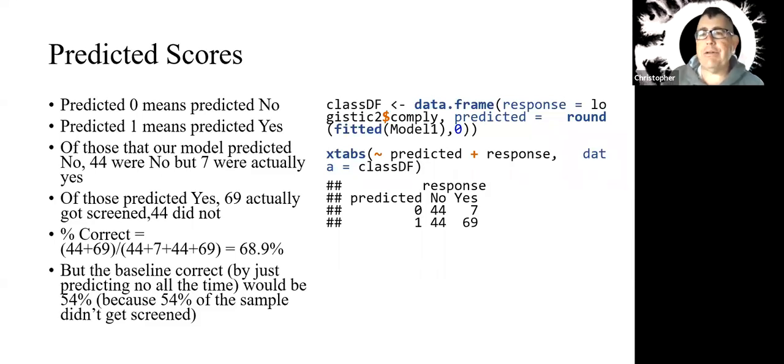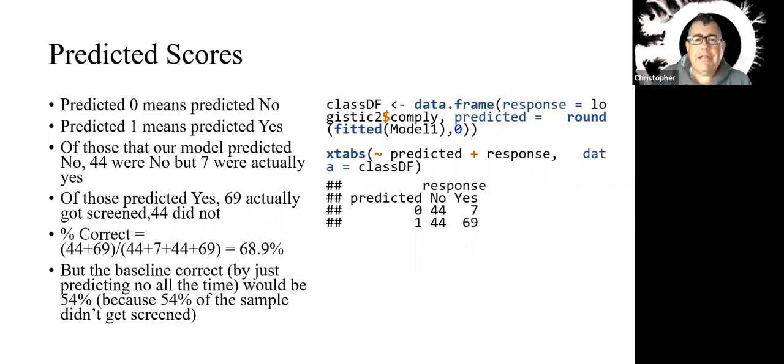It's not necessarily good. It all depends on what sort of baseline we're looking at. For example, if we had a situation where 90% of people said yes, we could simply predict that everybody said yes without knowing anything else, without having any predictors, and we'd be right 90% of the time. But that's not really useful.